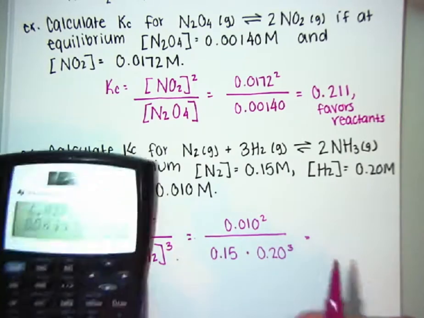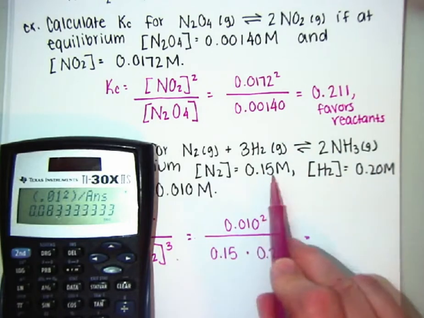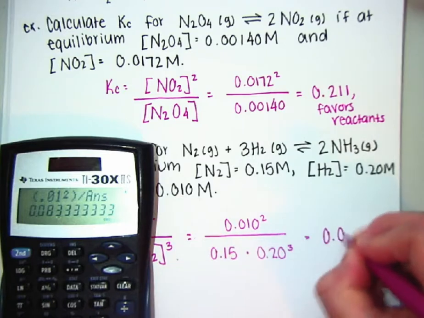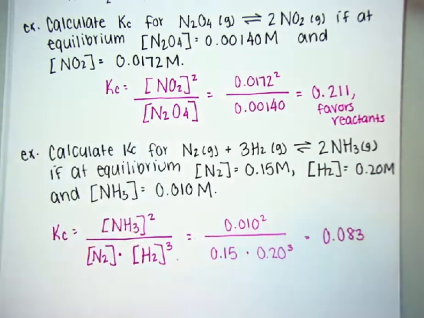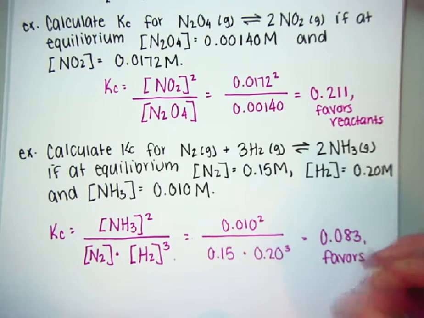Alright, when I plug this into my calculator, keeping in mind significant figures, everything has two significant figures, 0.083. And again, here's an example where it is less than 1. So at equilibrium, this reaction favors the reactant.